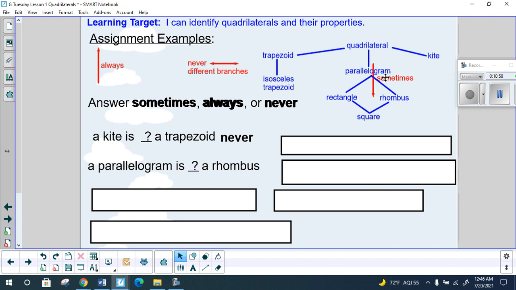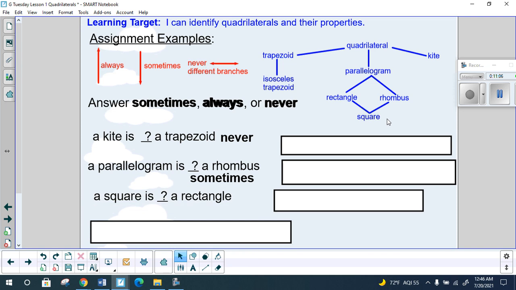It's going down the chain, so it's going to be sometimes. The next one. A square is sometimes, always, never a rectangle. If I'm going up the chain, it's always. A square is always a rectangle.